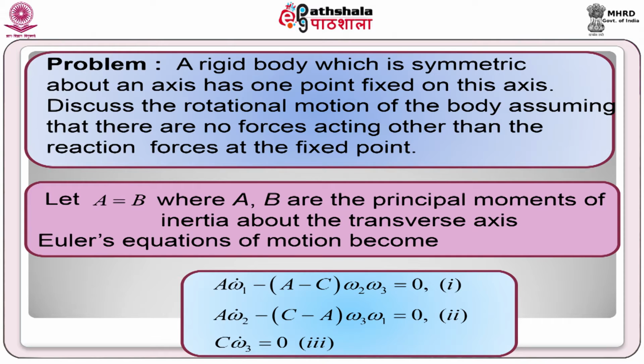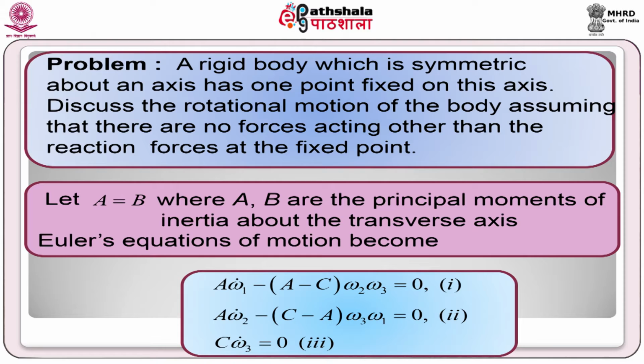Then Euler's equations of motion become capital A omega 1 dot minus capital A minus C into omega 2 omega 3 equal to 0. Please note that there are no external forces. So, capital N1 vanishes, capital N2 also vanishes, capital N3 also vanishes.